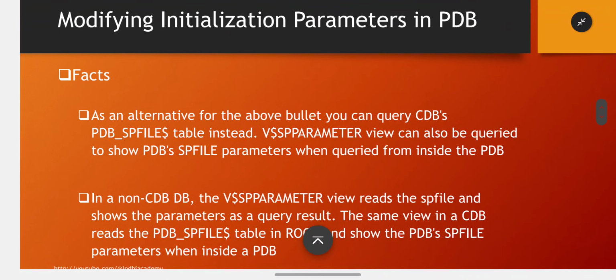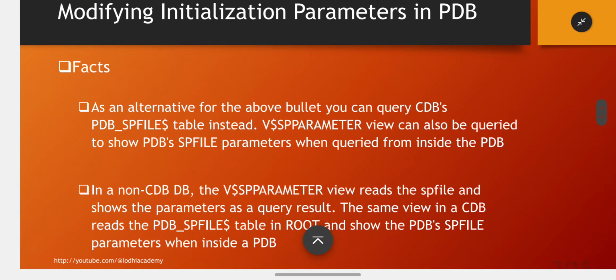As an alternative, you can query the CDB's PDB_SPFILE$ table instead. The V$SPPARAMETER view can also be queried to show the PDB's SPFILE parameters when queried from inside the PDB.